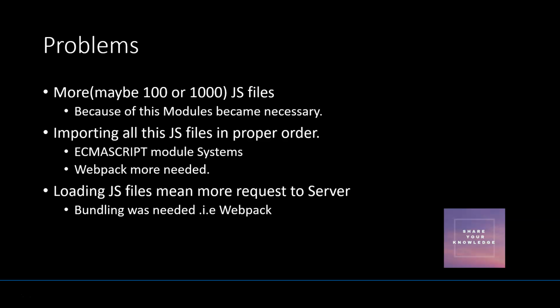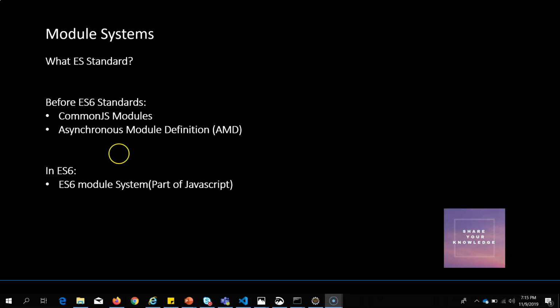I believe that necessity is the mother of invention. This necessity made module systems and bundling very much needed. So what are module systems? A module is nothing but a single independent reusable unit.